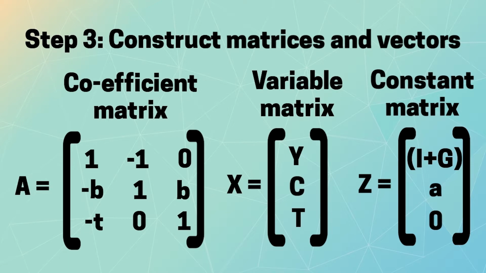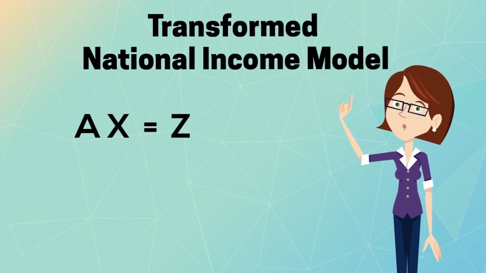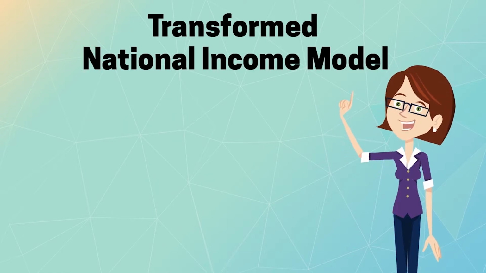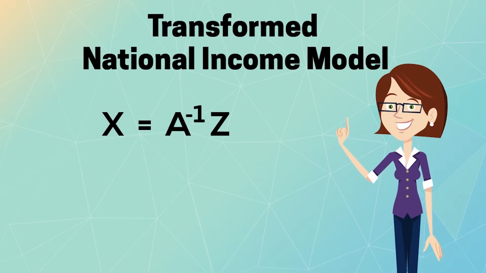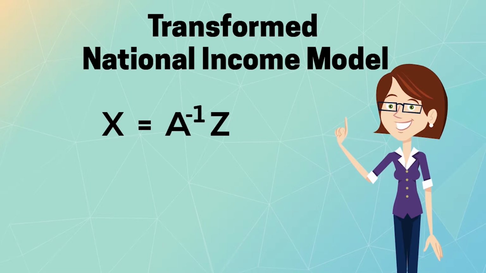Thus, the three equations have been transformed into a single equation in matrix form as AX is equal to Z. Here, A is a 3 by 3 matrix, X is a 3 by 1 vector, and Z is a 3 by 1 vector. Therefore, the transformed model is X is equal to A inverse Z.